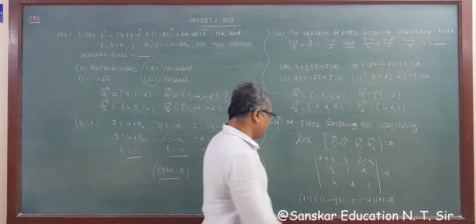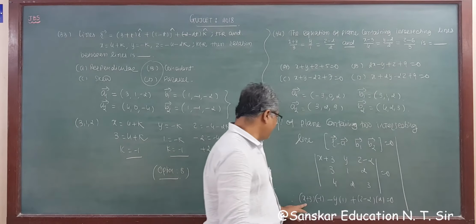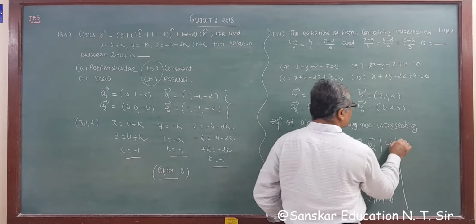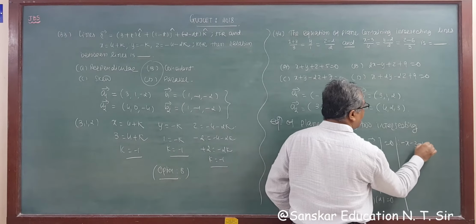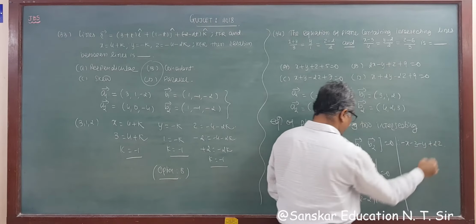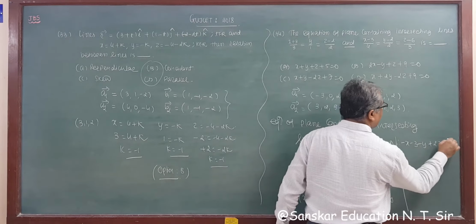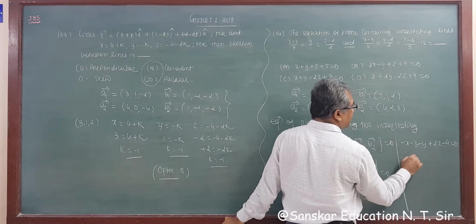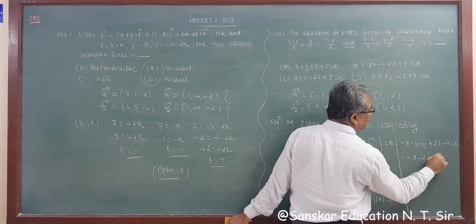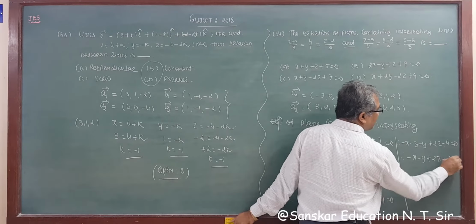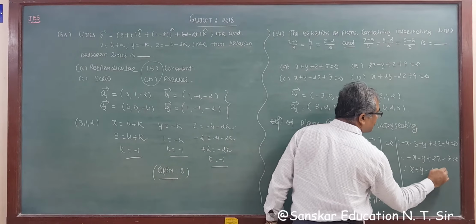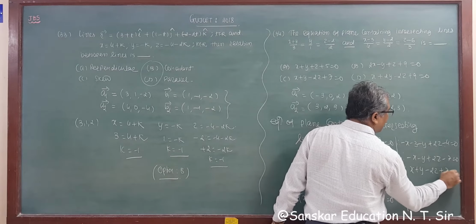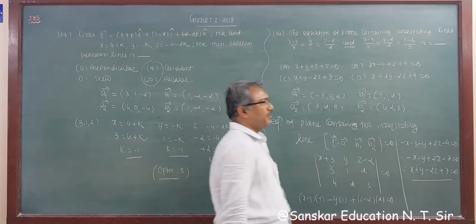Multiplying this out we get minus x minus 3 minus y plus 2z minus 4 equal to 0, that is minus x minus y plus 2z minus 7 equal to 0. Taking minus common, x plus y minus 2z plus 7 equal to 0 is your answer.